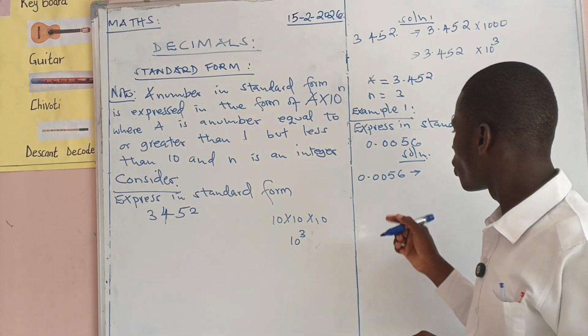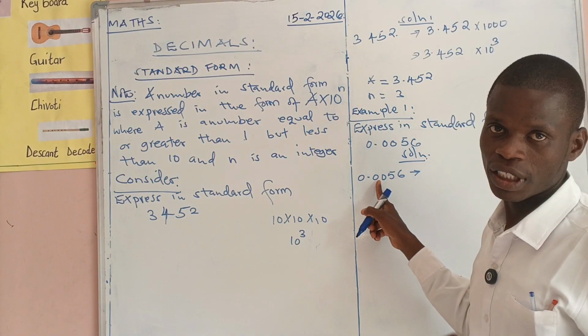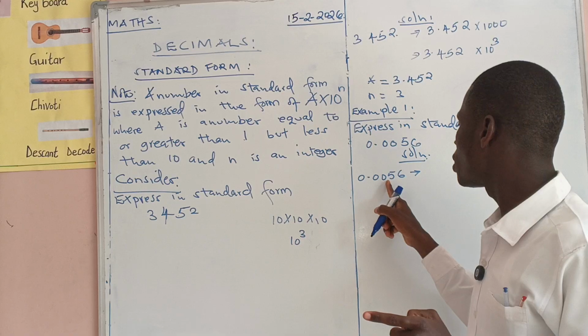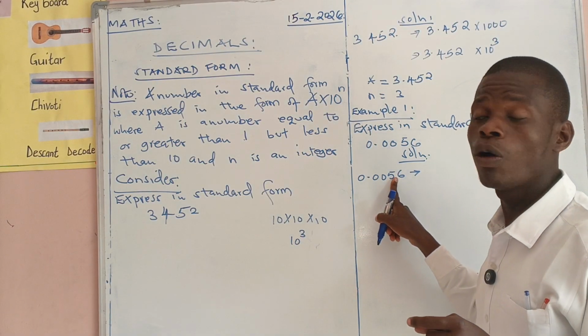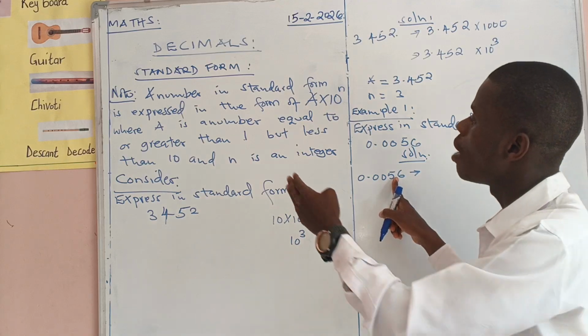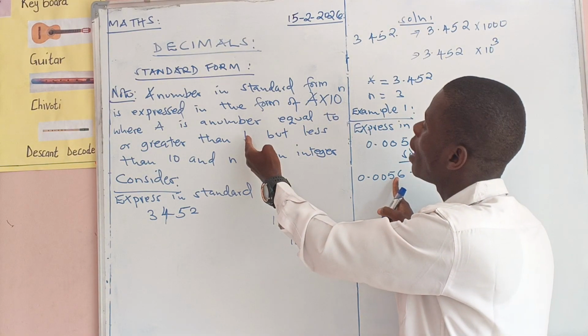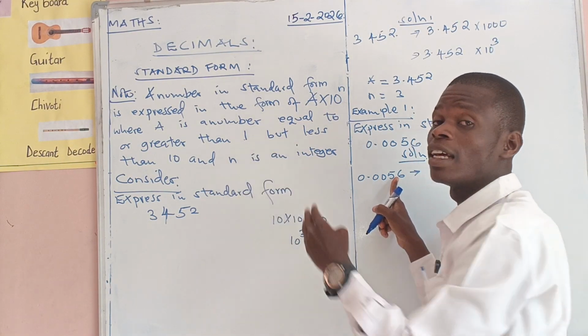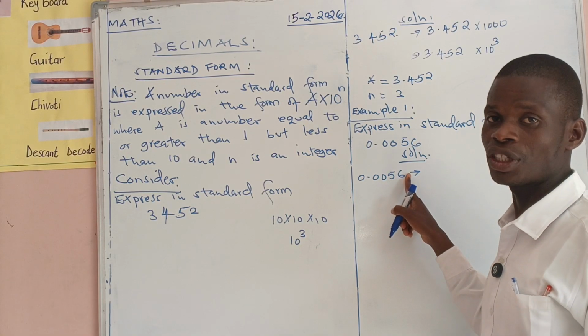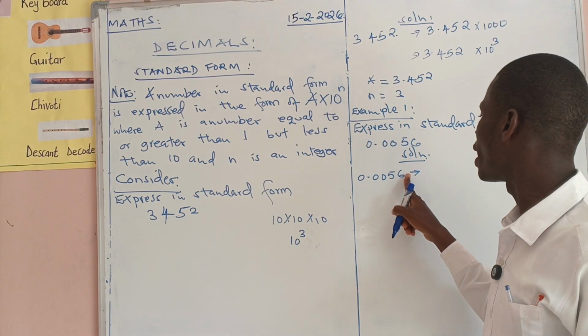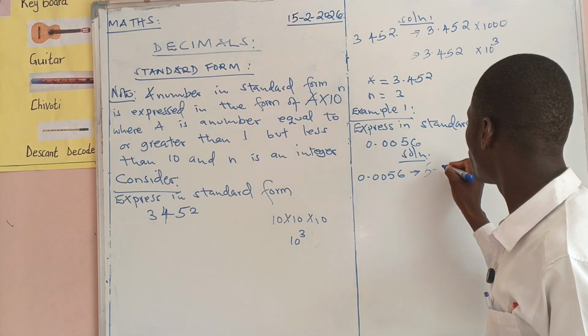Let us see. If I place it here, still 0 point, a number less than 1. If I place it here, still 0 point, a number less than 1. If I place it here, this is now 5.6, a number greater than 1 but less than 10. That is our number in standard form. If I place it here, it will be 56 point. That's greater than 10.